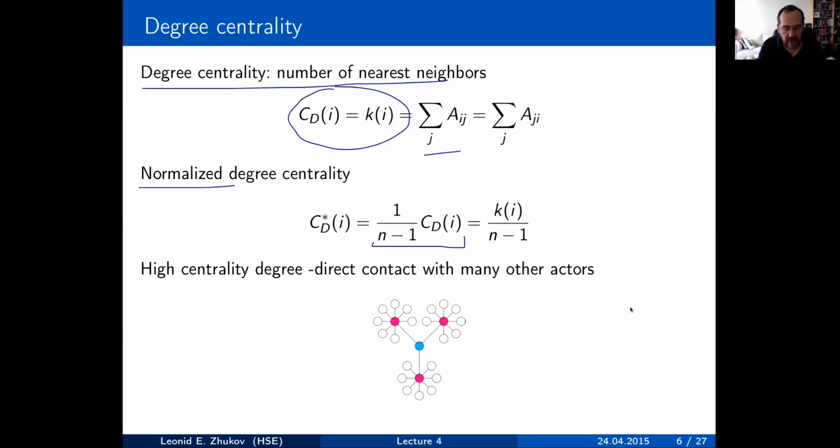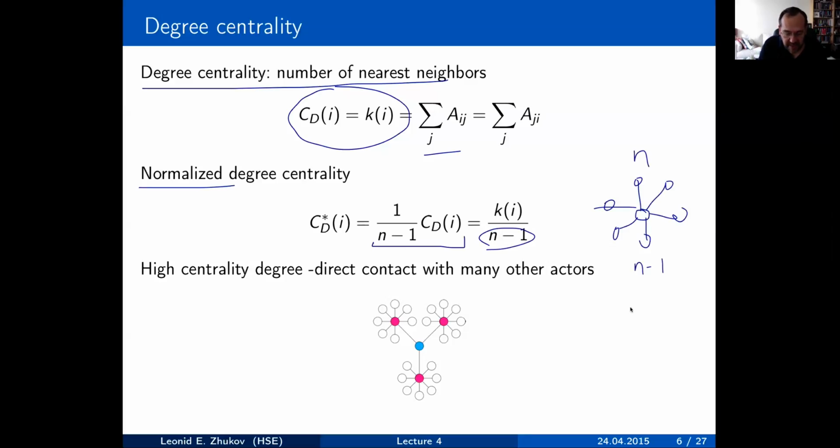So why is it n minus 1 here? The reason is that if there are n nodes in the graph, and we select one node and calculate the normalized degree centrality, the largest possible value of the degree centrality for this node will be n minus 1, because it will have n minus 1 neighbors.